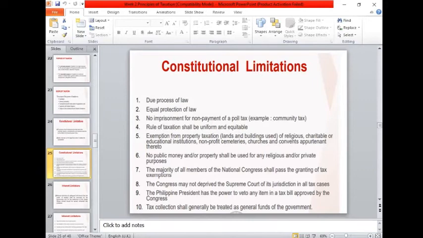The majority of all members of the National Congress shall pass the granting of tax exemptions. The Congress also may not deprive the Supreme Court of jurisdiction to decide tax cases. The President has the power to veto any item of the tax bill approved by the Congress in case it will not be good for the public. And the tax collection shall be treated as general funds of the government.